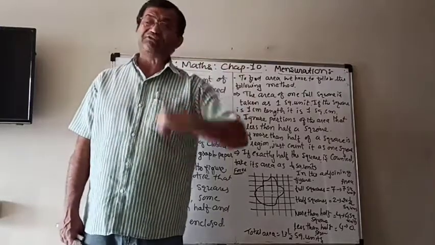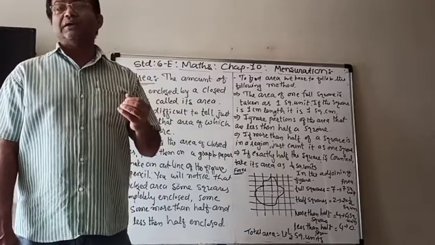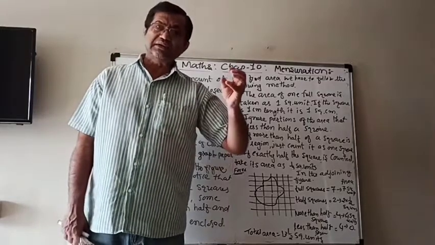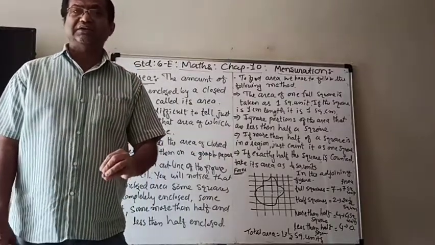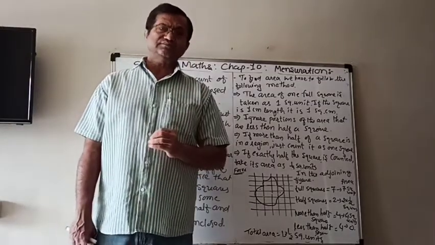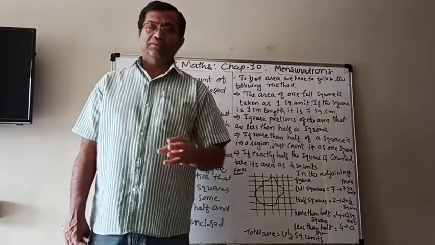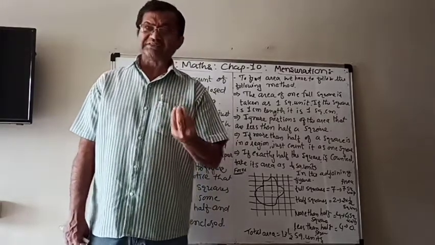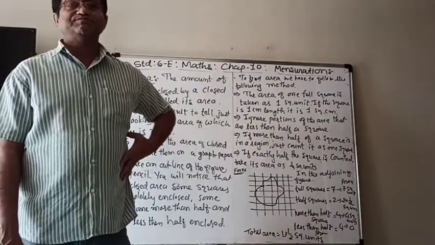Some are exactly half a square, and some are more than half a square. So in this situation, how can we find the estimated area of that figure? We can follow a rule that will help us find the nearest estimated area of that figure, and so we can compare them.